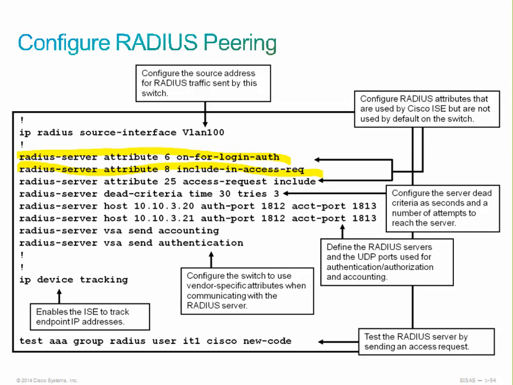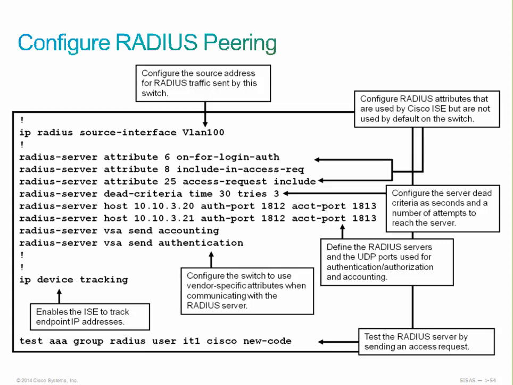So access request include identifies that. Again, these are non-default attributes, and whether you decide to enable these attributes or not will completely depend on your specific environment, right? What you're configuring in your environment.